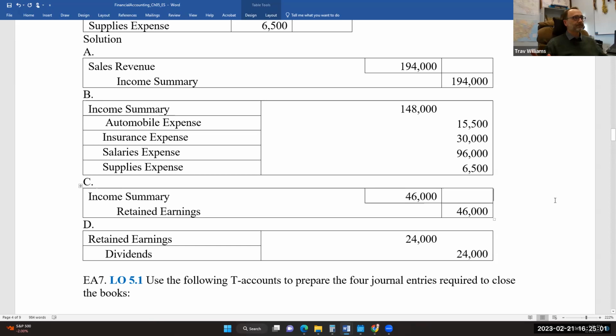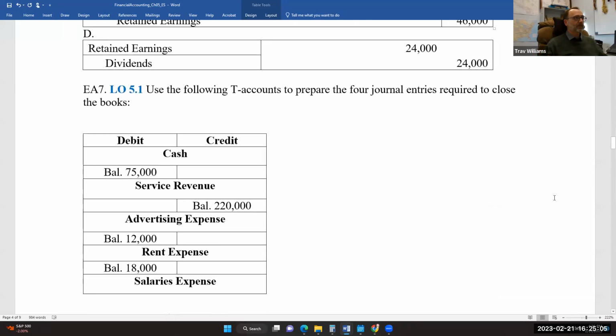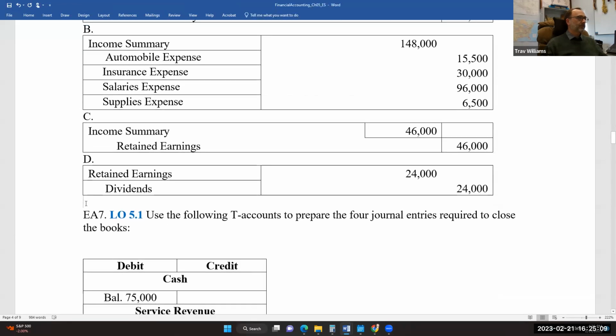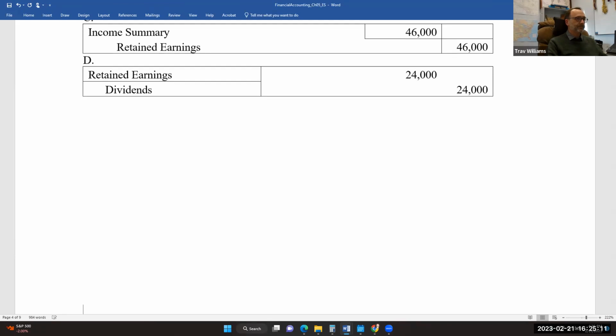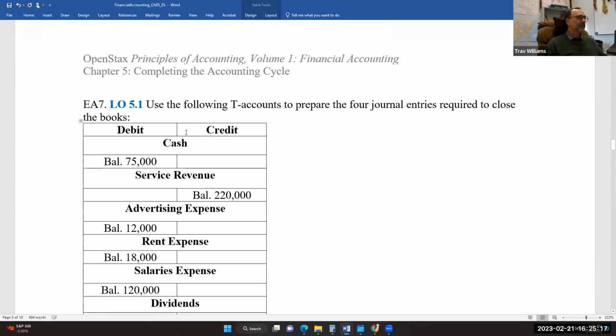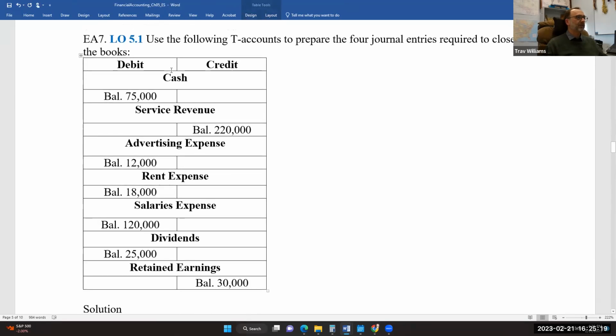All right. We're already up to exercise 7. So 7, it's the same 4-step process, but they've given us the data in a different format. We see that cash has a debit balance. We don't actually need cash, right?